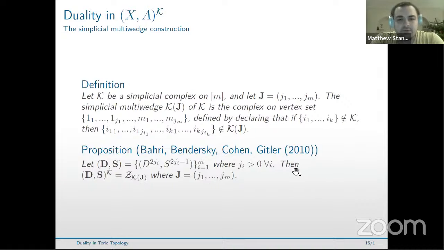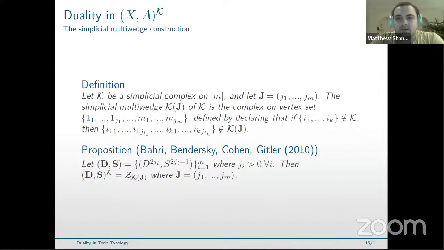Now, the point is that this polyhedral product, according to this proposition of Bahri, Bendersky, Cohen, Gitler in 2010, is the moment angle complex Z on this simplicial multi-wedge K of J, where J is this m-tuple of integers j1 through jm.